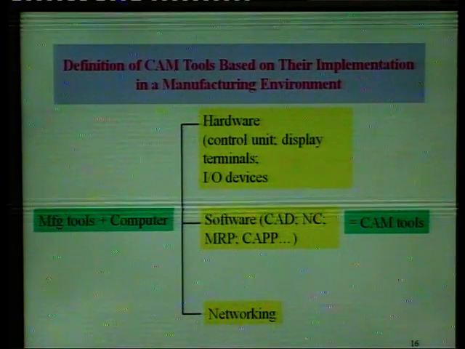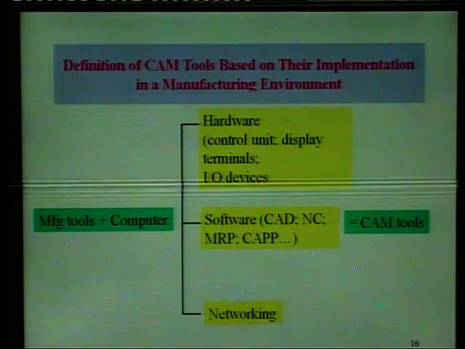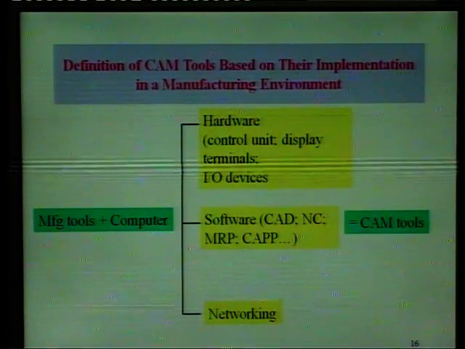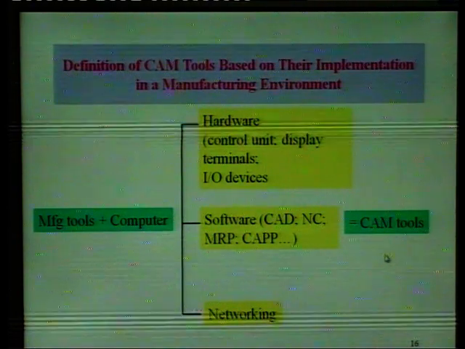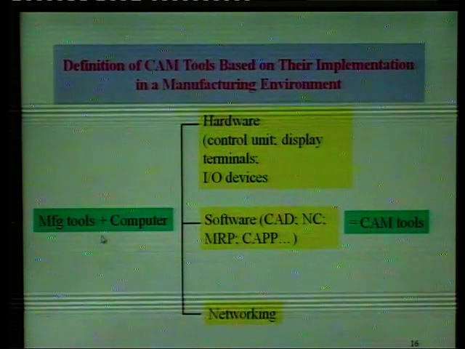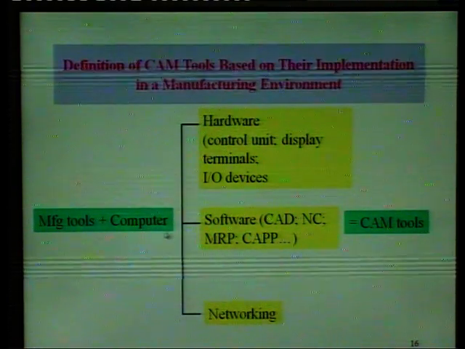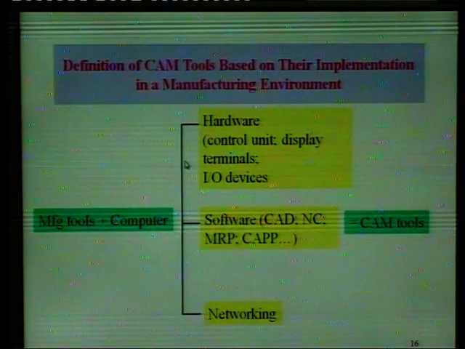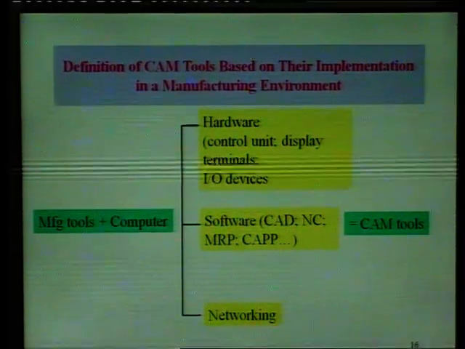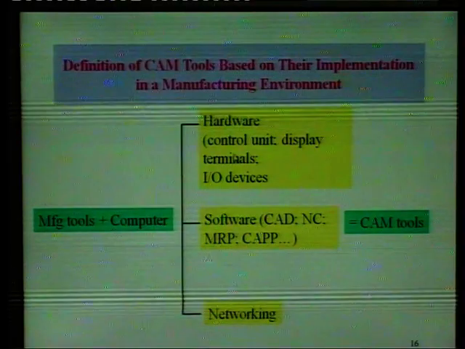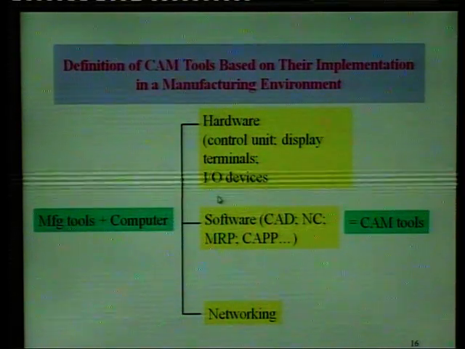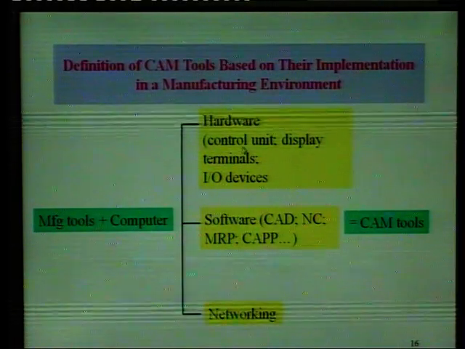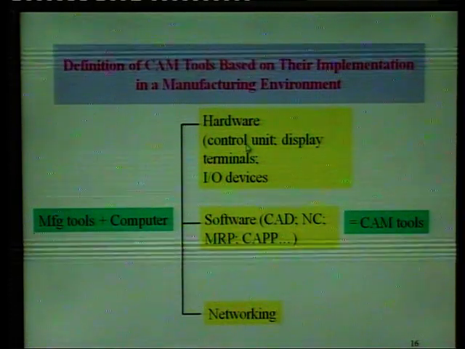And the definition of CAM tools based on their implementation in a manufacturing environment. We can see in this diagram that CAM tools are the combination of manufacturing tools and computers, which consist of three levels. At the first level, we have hardware, which consists of control unit, display unit, and input output devices, and these are similar to what we discussed in the case of CAD tools.